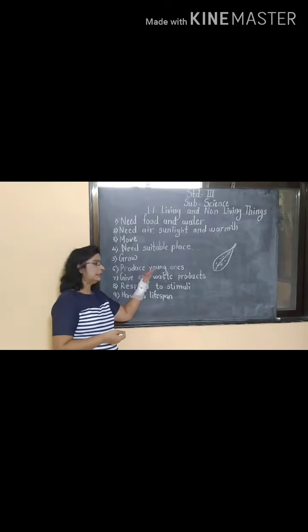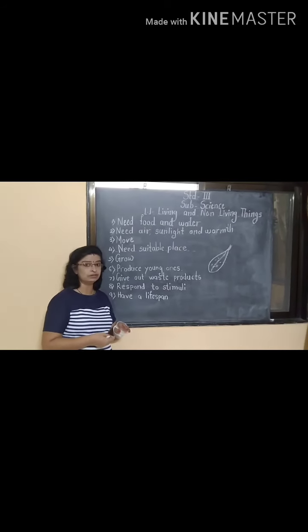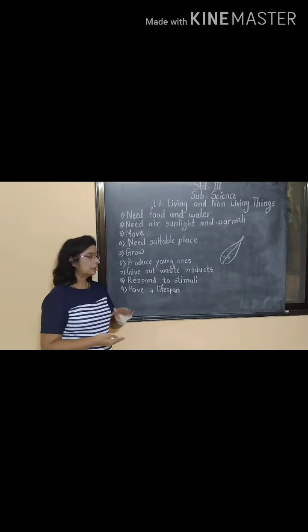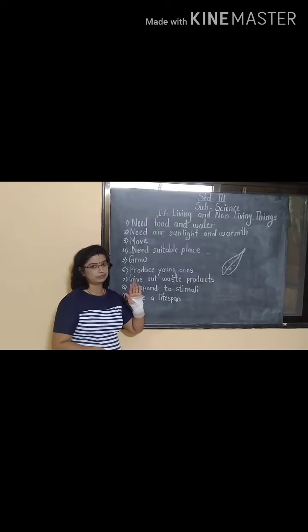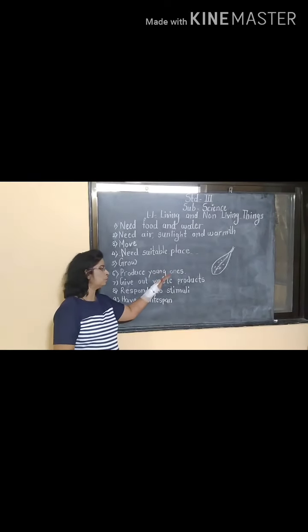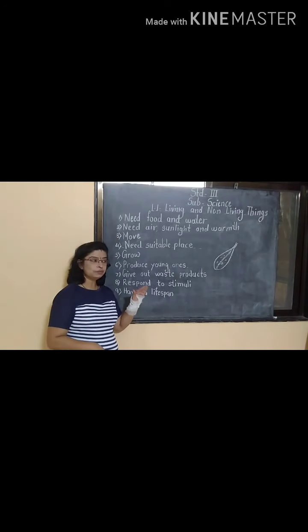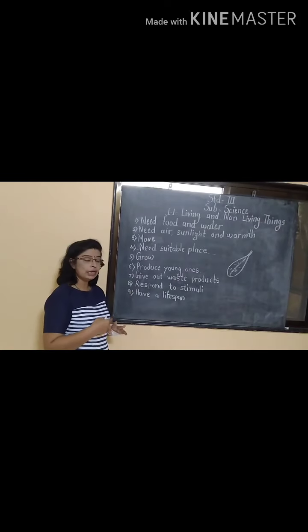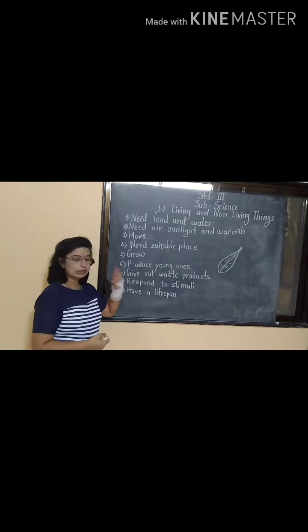So monkey, lion, tiger, elephant, cow, these animals directly give birth to their young ones. Means they do not lay eggs, they directly give birth to the young one. Oyster also gives birth. Whale is also a mammal, and whale also gives birth to the young one.